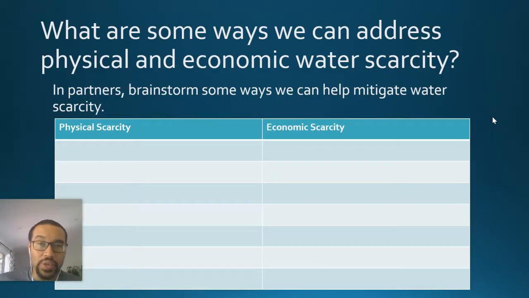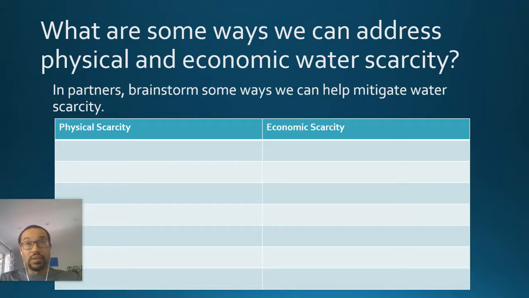Well, I guess we can't really brainstorm in partners here. You could do this on your own. Think about ways that we could mitigate, which means to reduce. So how can we help reduce physical and economic scarcity? Physical is a little bit more difficult because you can't just create water.